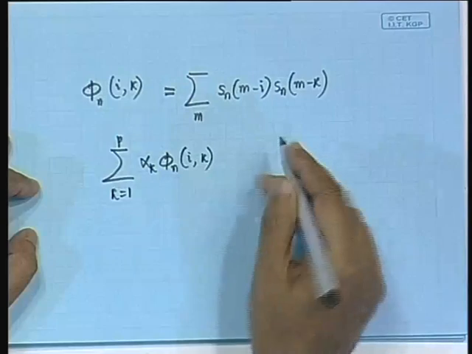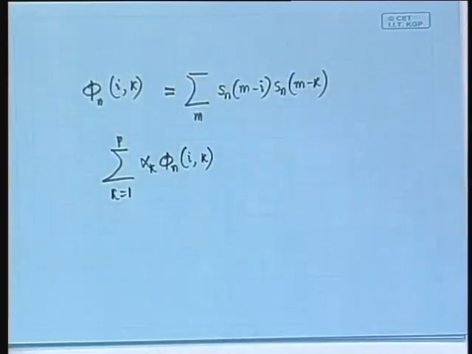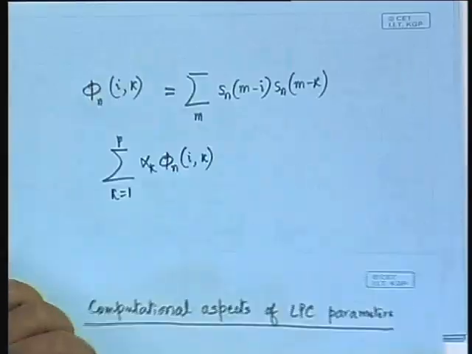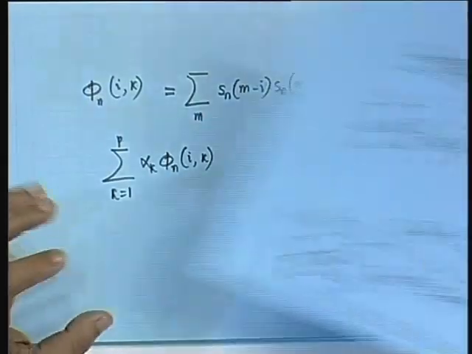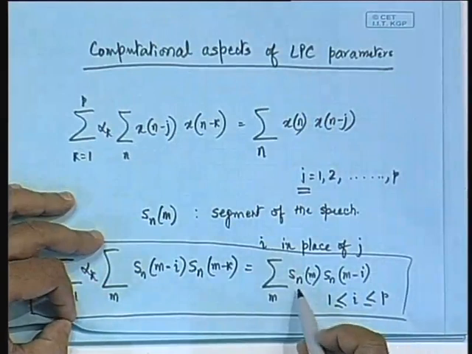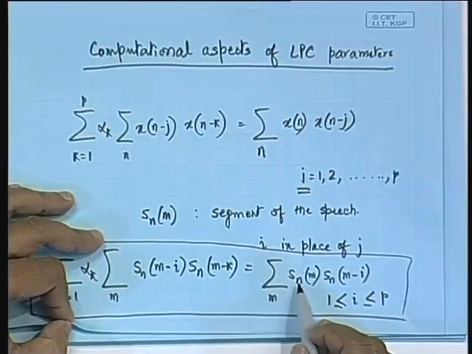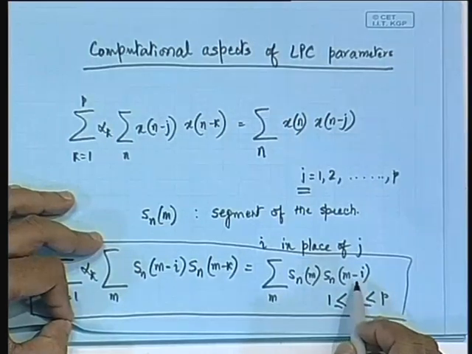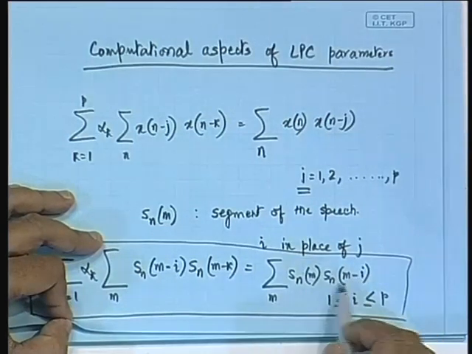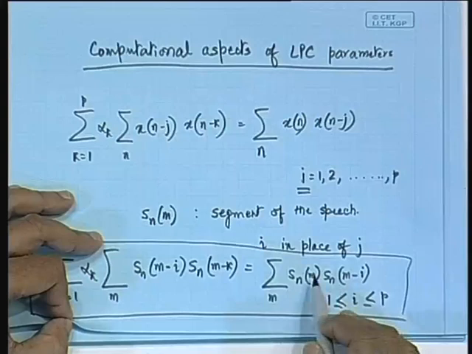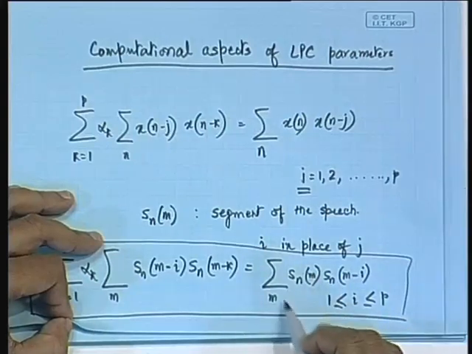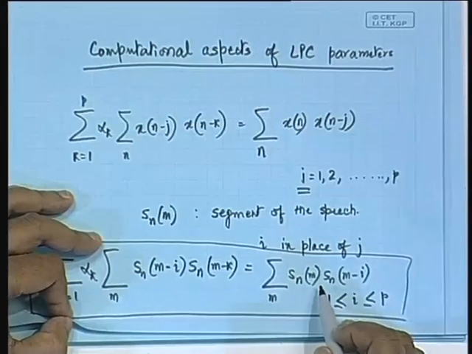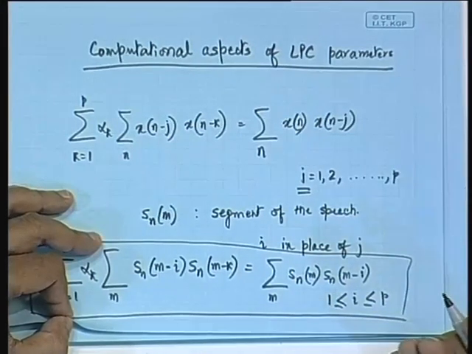What we have on the left hand side is phi n (i, k) by our definition itself, and on the right hand side we have summation over m of Sn(m minus i) into Sn(m). So Sn(m) means k is equal to 0.